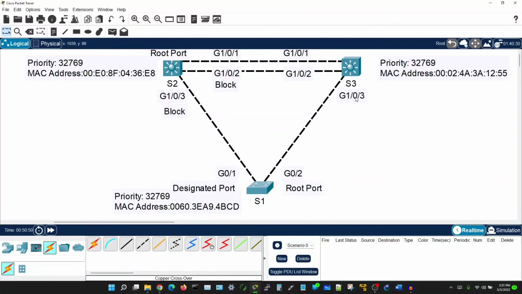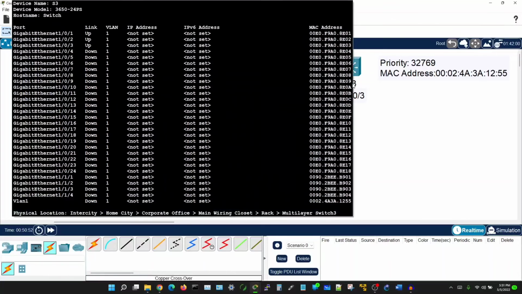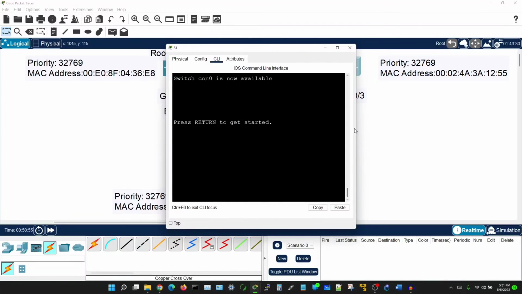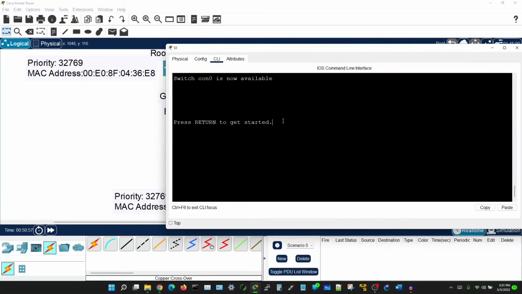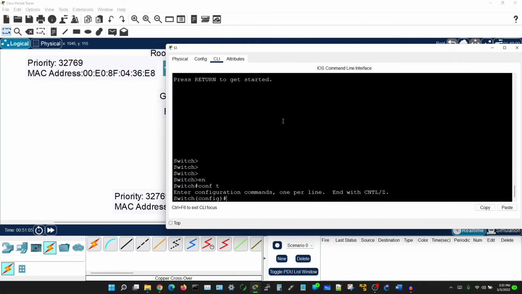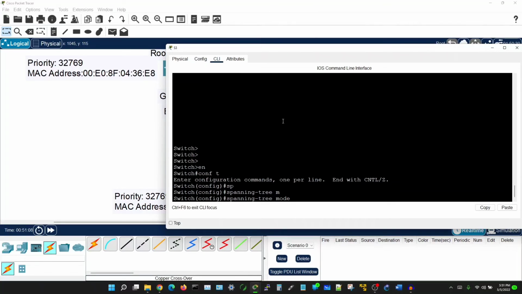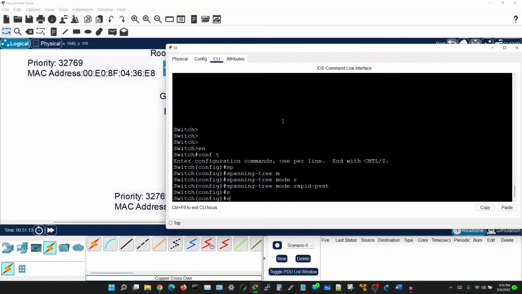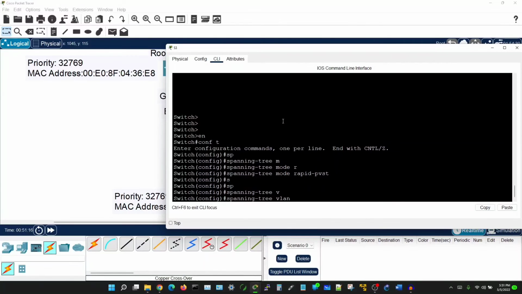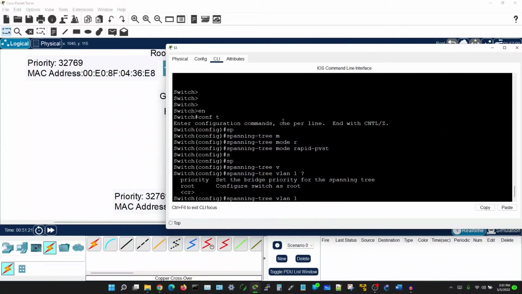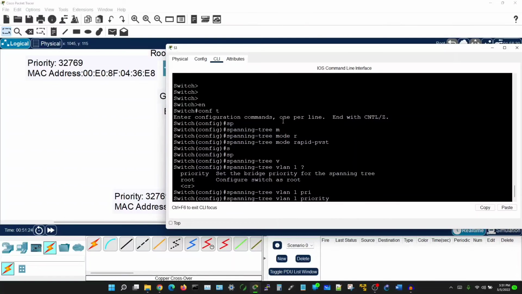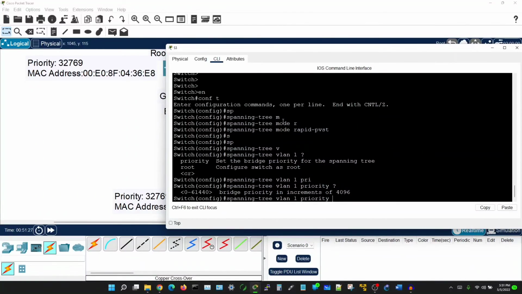Now, what about if I want S2 to be the next in line? So I do the same thing. I'm gonna go here, spanning tree mode, rapid spanning tree, and spanning tree VLAN 1, and let's see, priority, and 4,096.